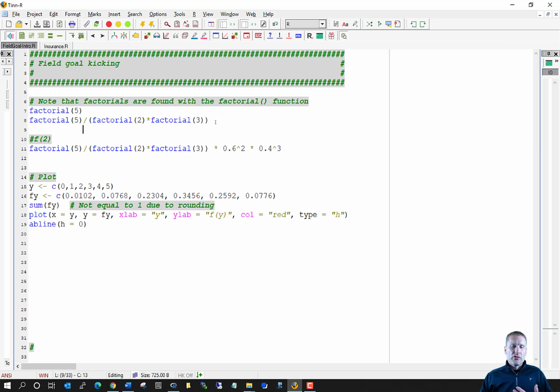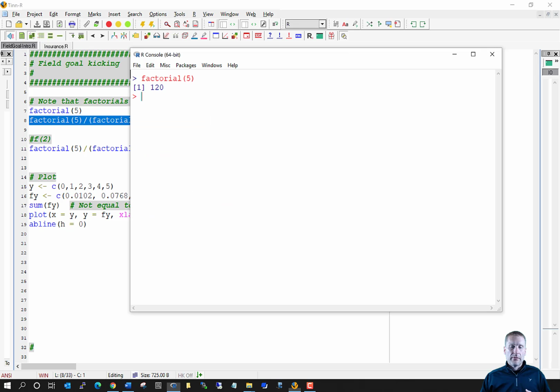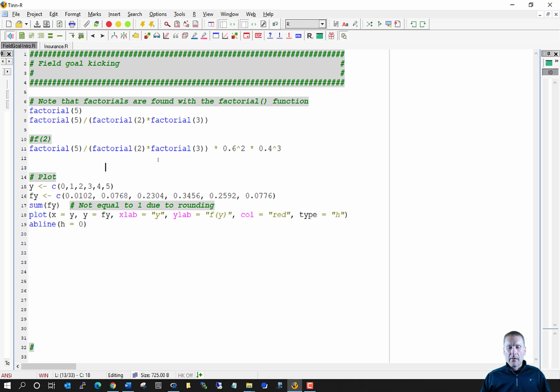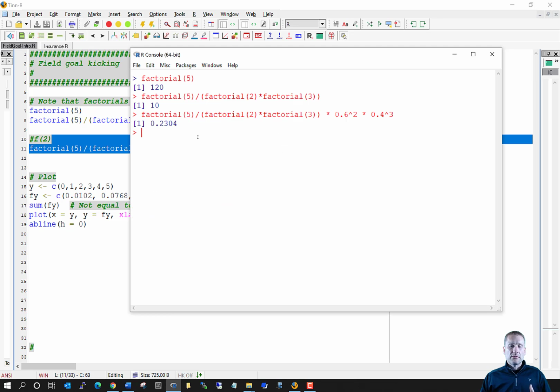And if I'm interested in, let's say, when y was equal to 2, I would need 5 factorial divided by the quantity 2 factorial times 3 factorial. I get 10. Then let's say I combine this with the corresponding other components of the PDF. I would need to take 0.6 raised to the y power, or 2, and 0.4 raised to the 5 minus y power, or 3. And so f of 2 will be 0.2304.